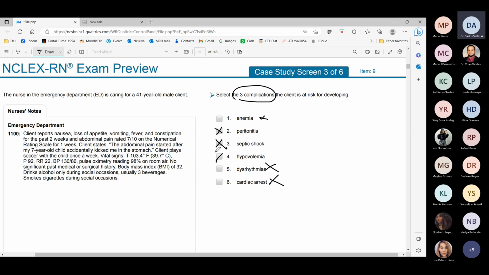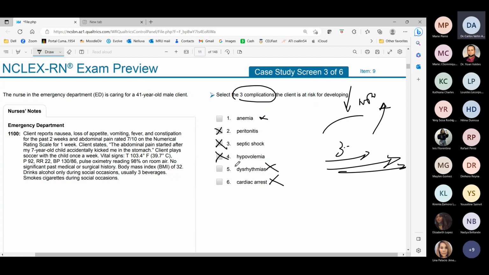So the best option could be hypovolemia. Why hypovolemia? Remember, the patient is vomiting. The patient is NPO, so the patient needs hydration. And fever: there are increased insensible losses. And if the patient has inflammation, a third space can build up, so liquid can shift from the intravascular space to the abdominal cavity.